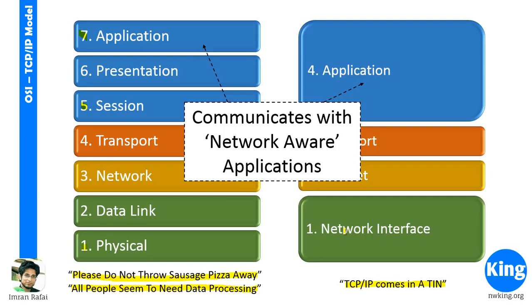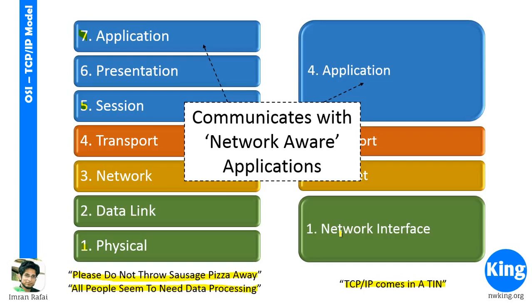Now if you fire up Microsoft Word, for instance, Microsoft Word will not communicate with the application layer, or for that matter it will not communicate with any of these layers. That is because Microsoft Word cannot access your network, because your operating system does not even have a network interface card.